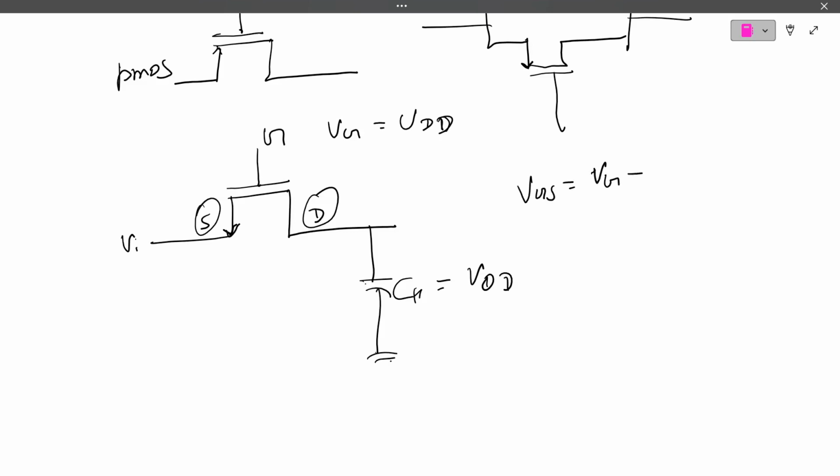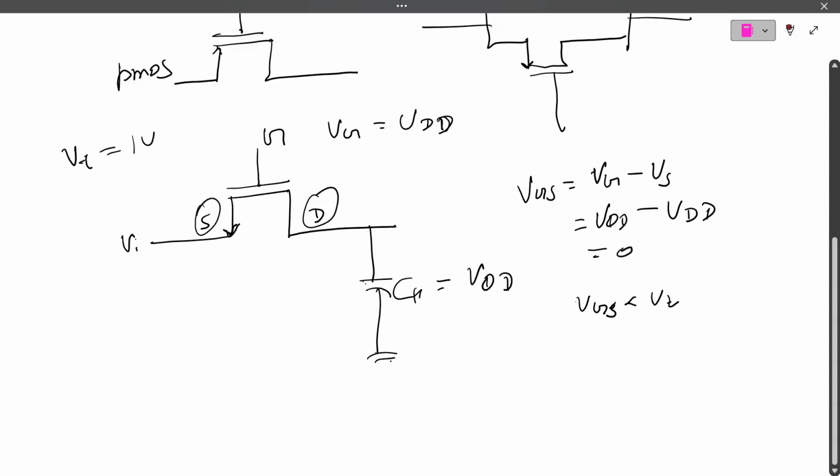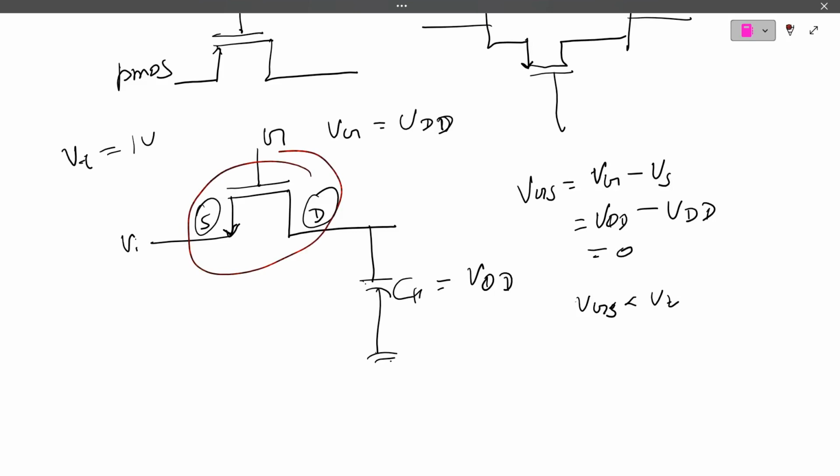VG minus VS equals VDD minus VDD, that means 0. If I take VT equal to 1 volt, VGS is less than VT, so the NMOS will turn off. Whatever value is at the capacitance will not discharge through the source, so current will not flow.